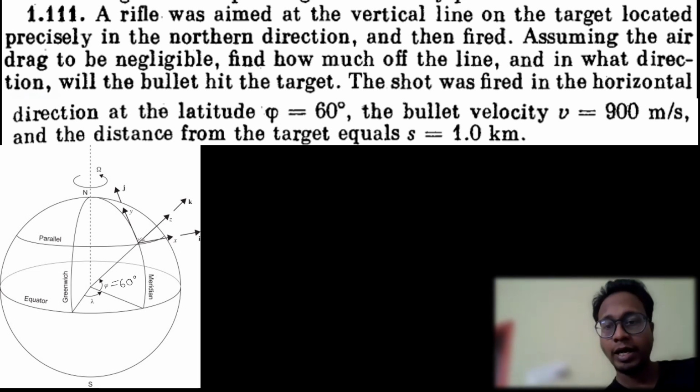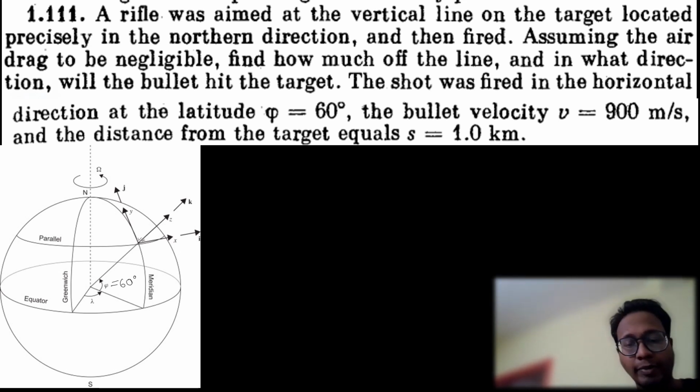A bullet with velocity 900 meter per second, that means this bullet has a velocity of 900 meter per second. The bullet is fired horizontally. Which direction will the bullet go? If you observe from earth, if the bullet is fired horizontally, the bullet will go in the y axis out here.